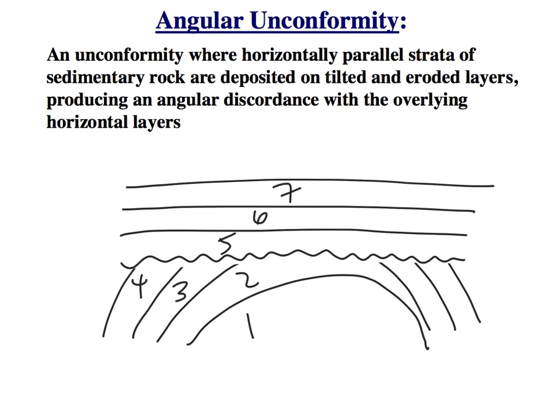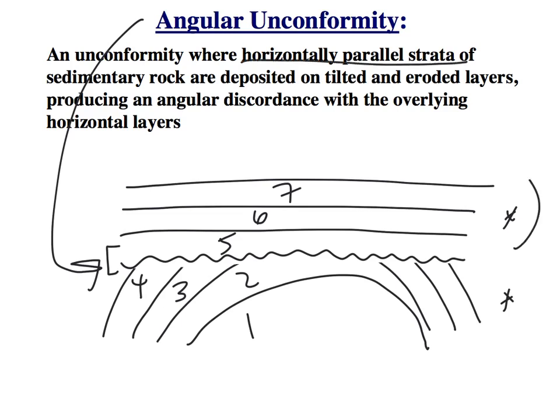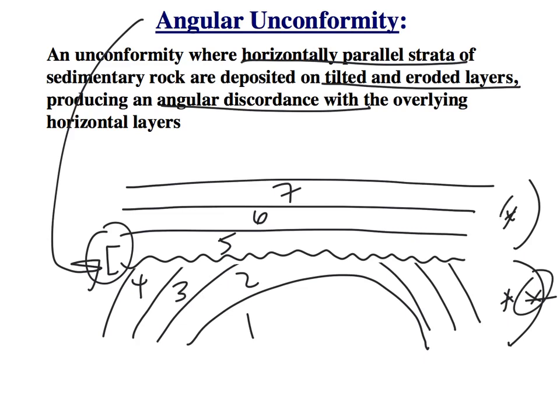That is what an angular unconformity is. Notice that the layers down here are not parallel to these layers. So this is an unconformity where horizontally parallel strata, these, are deposited on tilted and eroded layers, those producing an angular discordance with the overlying horizontal layers. That's what an angular unconformity is. So if you're looking at one thing down here and it's tilted or crazy or weird, and the other thing on top is parallel, that's an angular unconformity, as long as there's an erosional surface in between them.